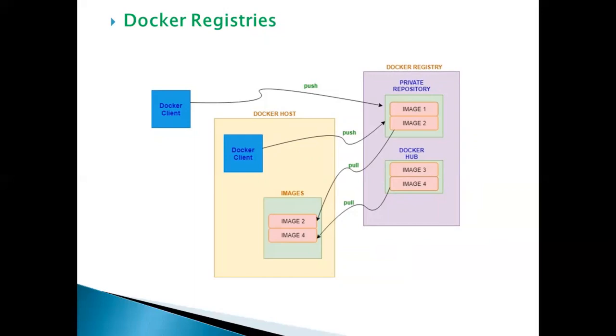By default, Docker is configured to look for images on Docker Hub. When you use the Docker pull or Docker run commands, the required images are pulled from the configured registry. When you use Docker push command, your image is pushed to your configured registry.